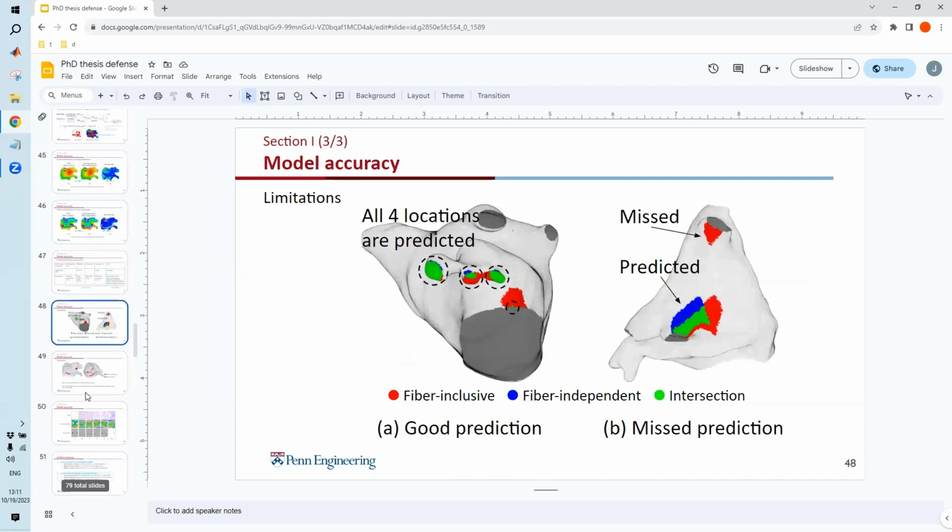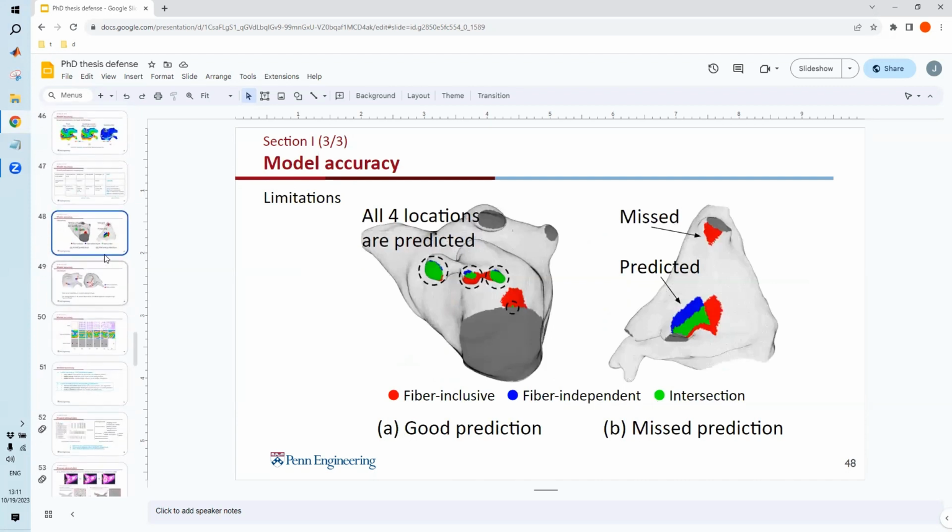Given what you showed us about how fiber basically only has local effects, do you see those missed areas as being clinically important to capture?